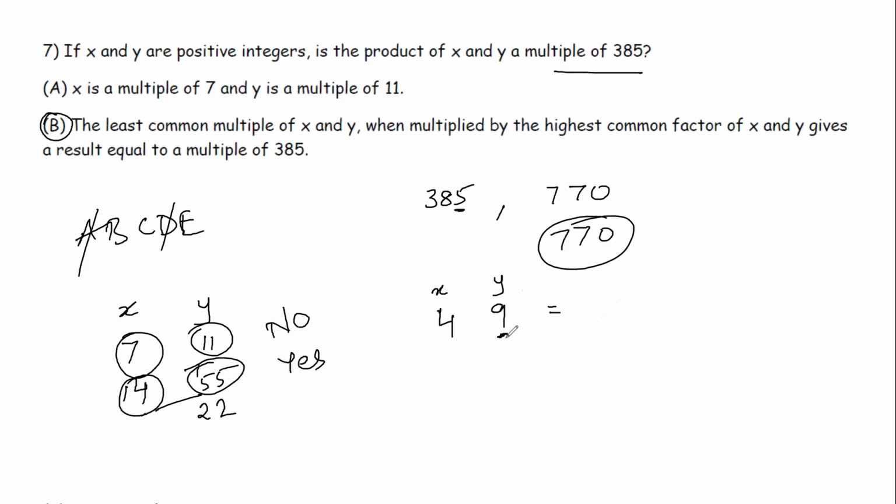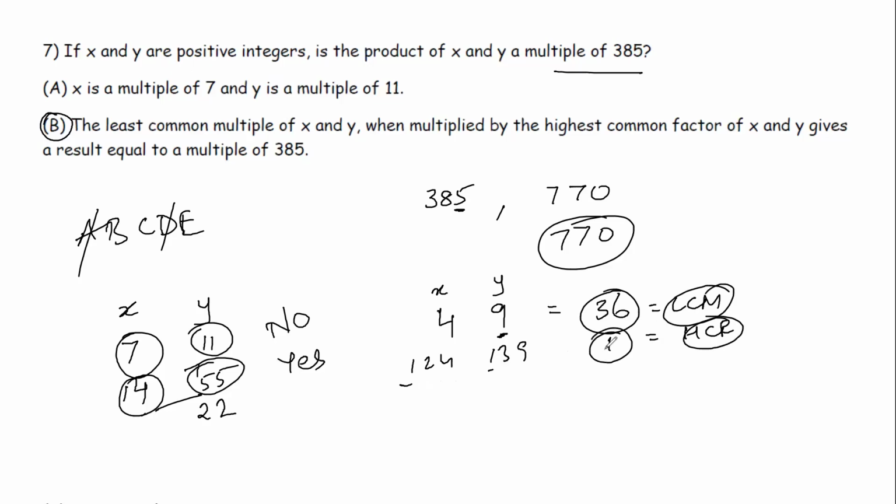We start with the highest number, 9 times 2 is 18, 9 times 3 is 27, 9 times 4 is 36. So 36 is the LCM. Now what is the highest common factor? The only common factor here is 1. So 1 is the HCF. And if you multiply these two, 36 and 1, you end up getting the product of x and y. Are you getting the picture?